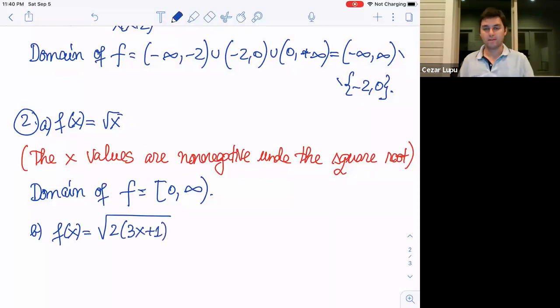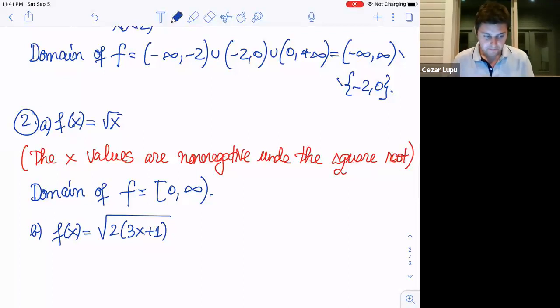So you see you have a little bit more complicated example. Well, I wouldn't say it's that complicated, but it's just a little bit. As we have said earlier, and as you can see here on the screen, the values inside the square root must be non-negative, right?